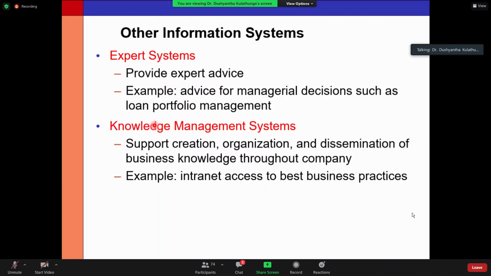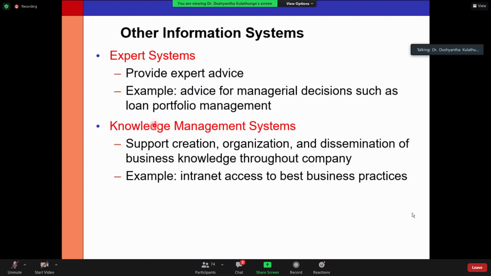Here we focus on knowledge, not data. Data is mostly available in numeric form, but knowledge is something different, and that can be available in a text form.